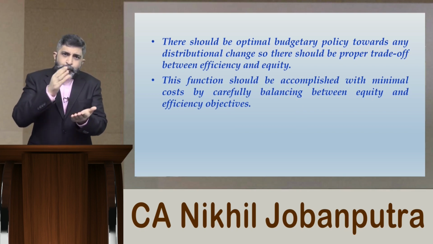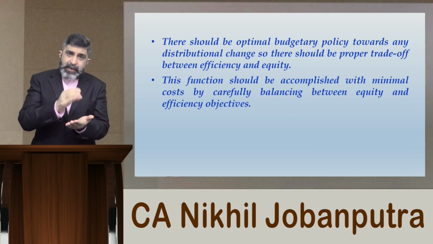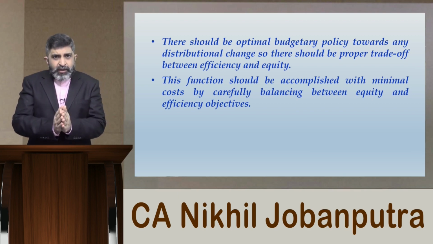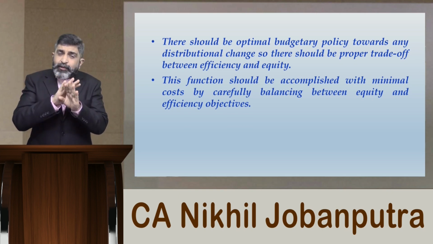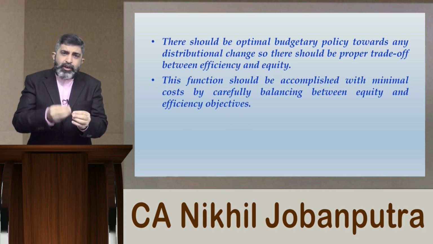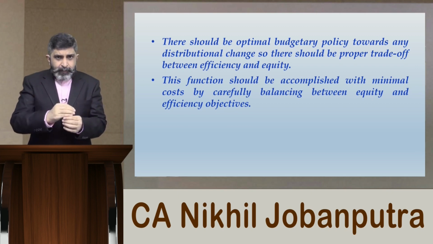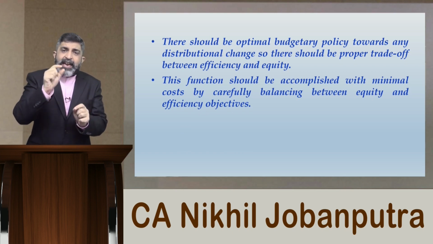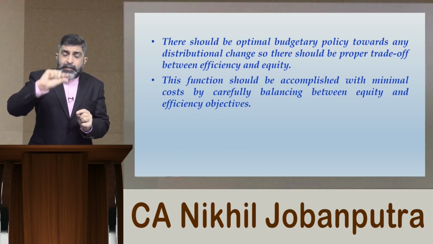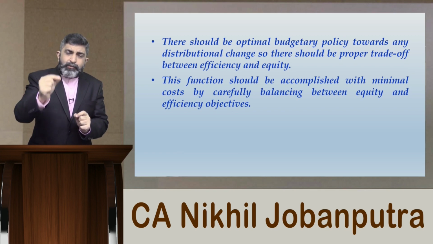So what happens, up to a certain limit of income earned by an individual, that income is completely exempted from tax. That is, no tax will be levied on income up to that limit. So that is the first slab with a zero tax rate. Only when an individual is earning beyond that limit, the individual will be taxed.